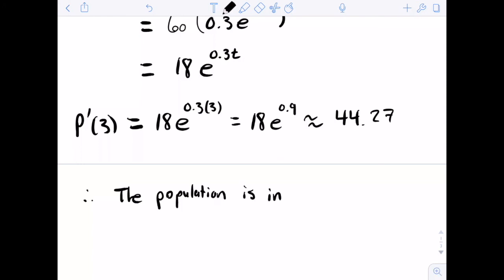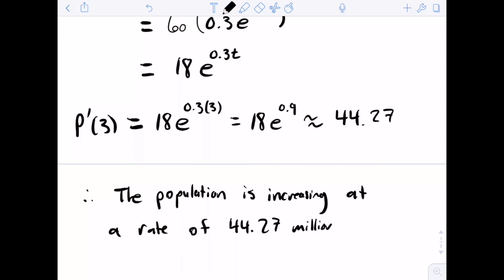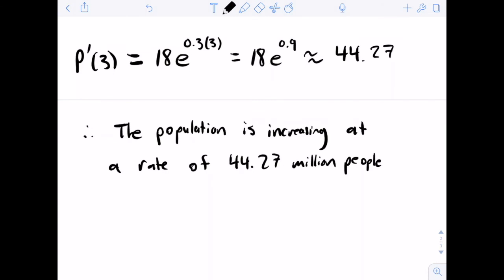So the population is increasing at a rate of 44.27 million people per year during the third year.